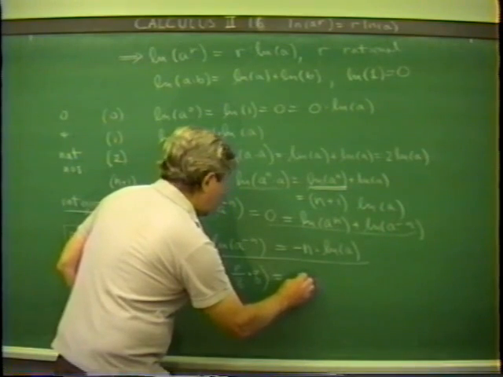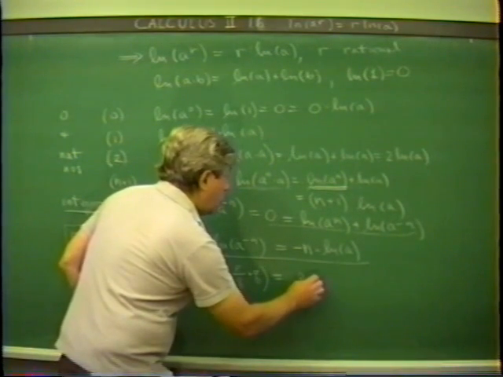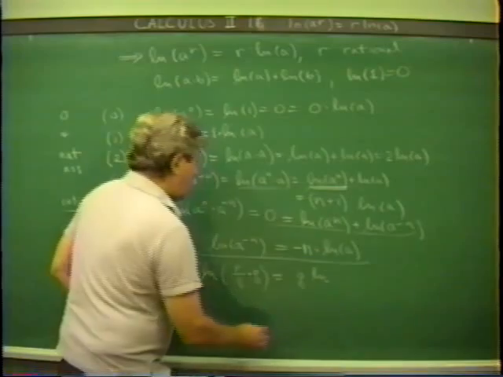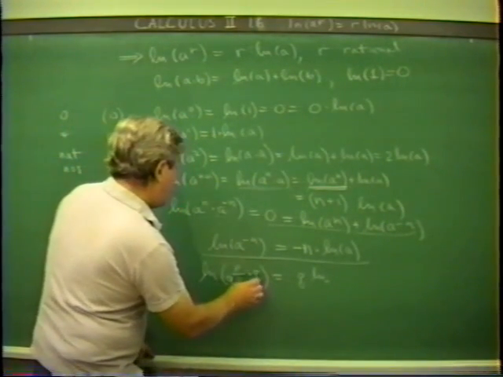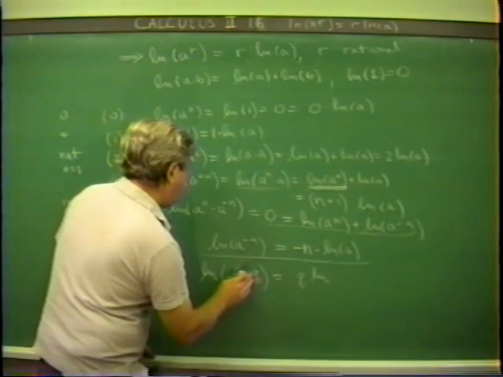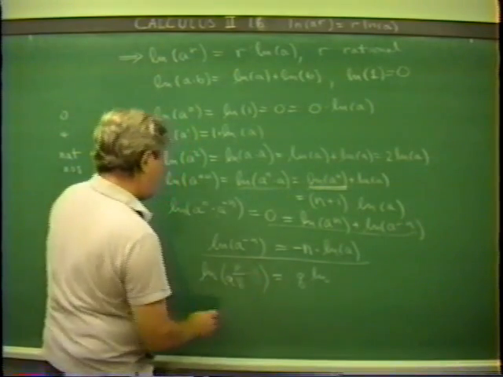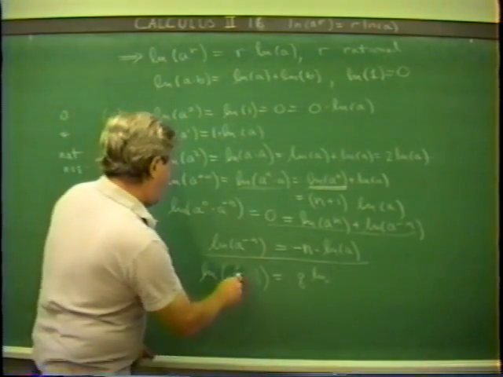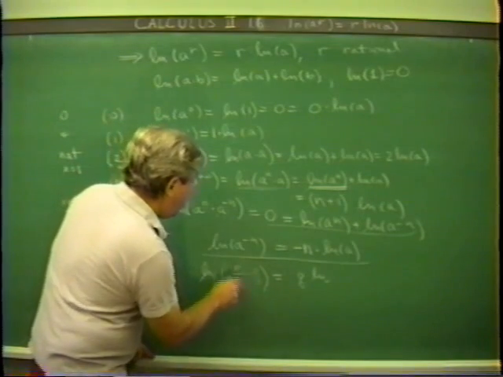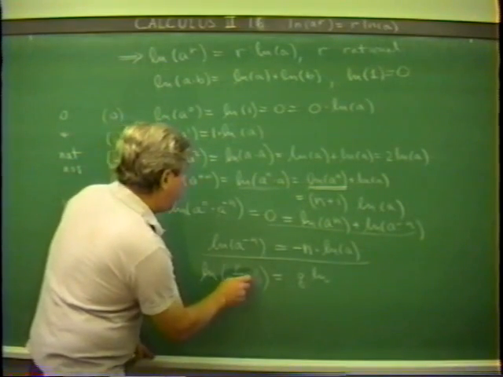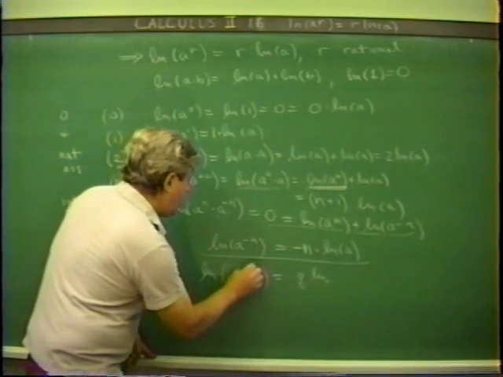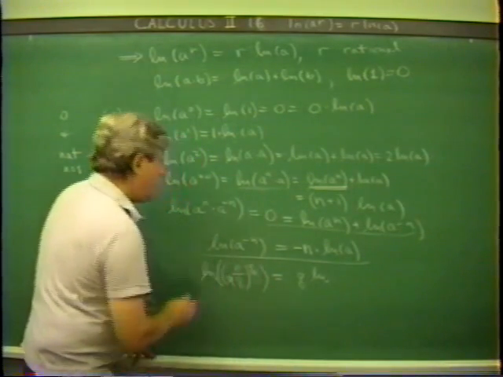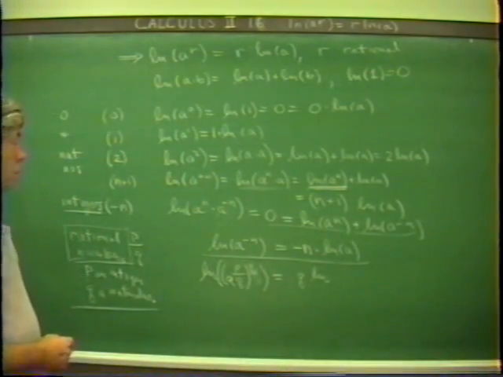Since there are q of these terms here, it's going to follow that this is equal to, I'm sorry, a to the p over q times a to the p over q, q times, so that there's going to be this to the qth power.